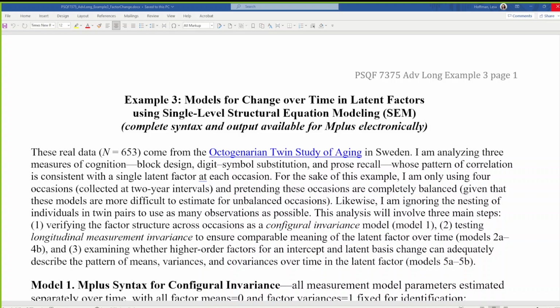Those sorts of changes can potentially be addressed by working at the latent variable level. So observed variables are great, but we make a lot of assumptions and they don't have the flexibility that latent variables can. That being said, you need a huge number of people to pull this off. The more complicated your model, the more people you need. And yes, that is a technical term, a metric ton.